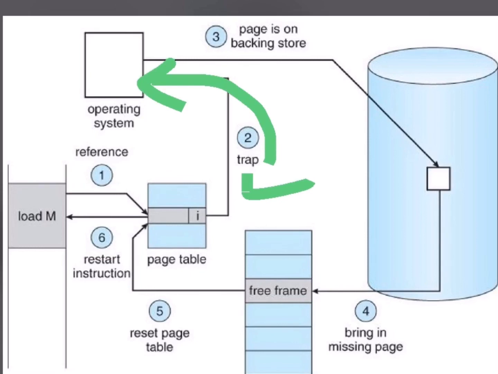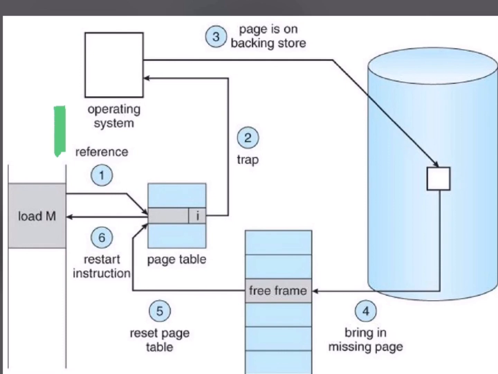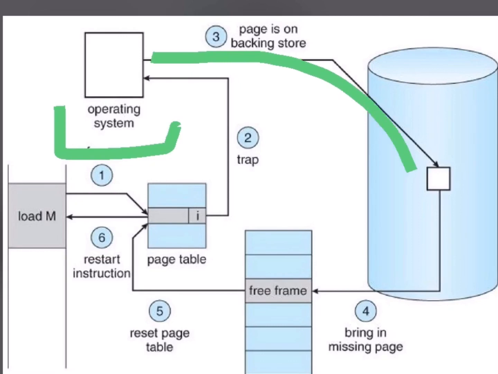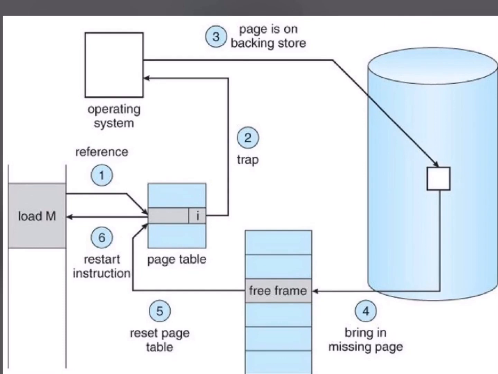Now it is the duty of the operating system to search for the particular page in the secondary storage, that is the disk. In this disk the page has been found, fortunately. Now the page will be brought to a free frame.